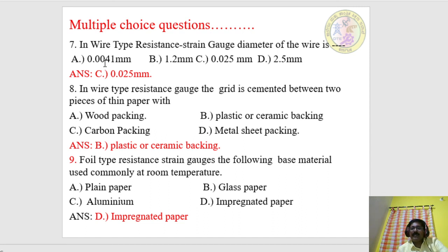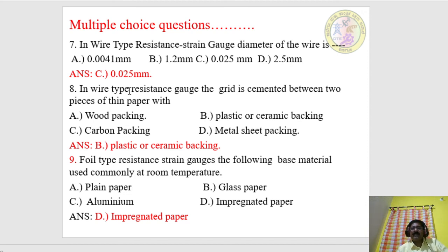It cannot be 1.2 millimeter, no. The answer will be within these two, then definitely it is 0.025 millimeter, that is almost 1/4 of a millimeter, which is generally right, or less than 0.3 millimeter. We need to remember that, 0.03 millimeter, then the answer would be 0.025 millimeter.